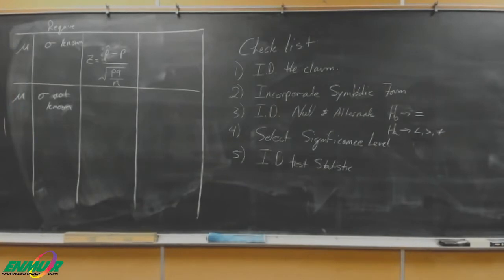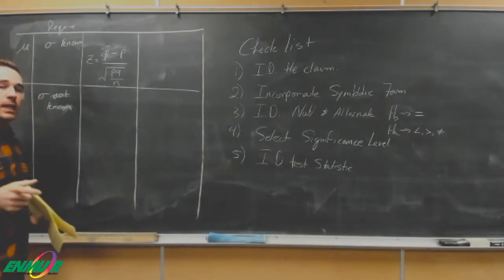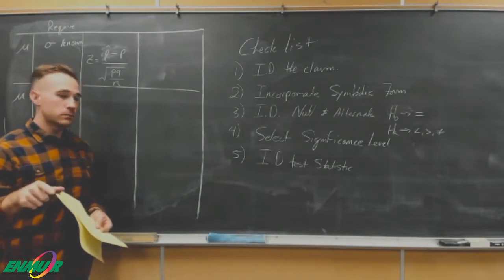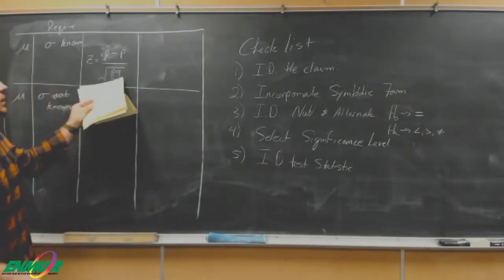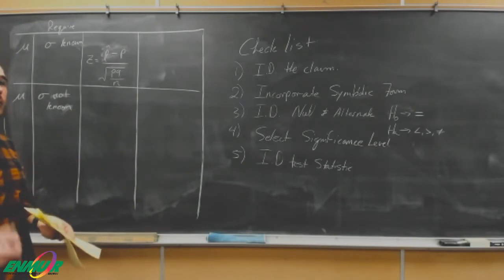Can we see that? Barely. I'll write a little bit bigger, sorry. Remember that anytime you see q, q is 1 minus p. So whatever my population proportion is, subtract it from 1.